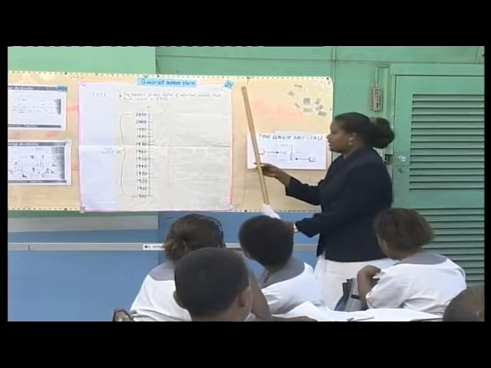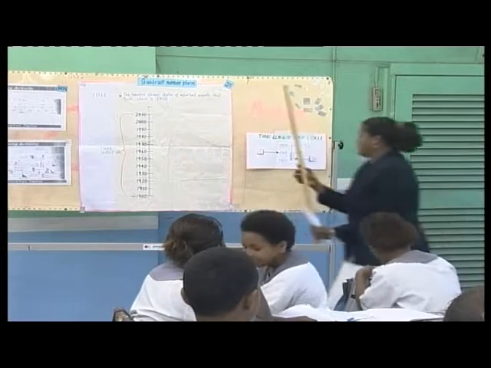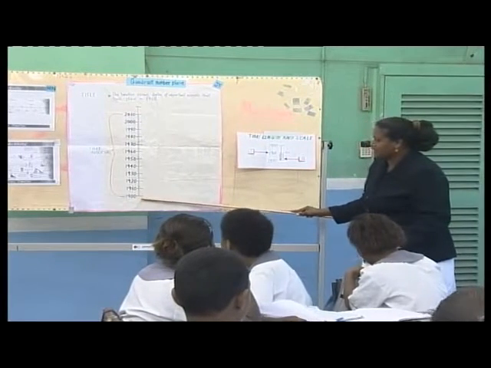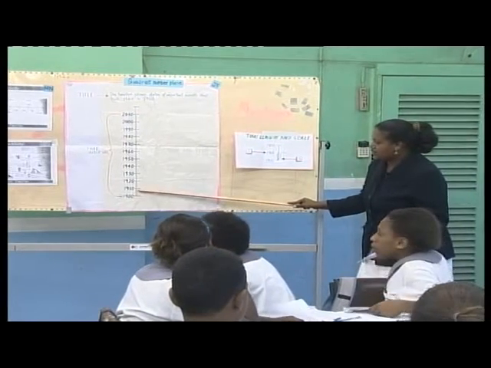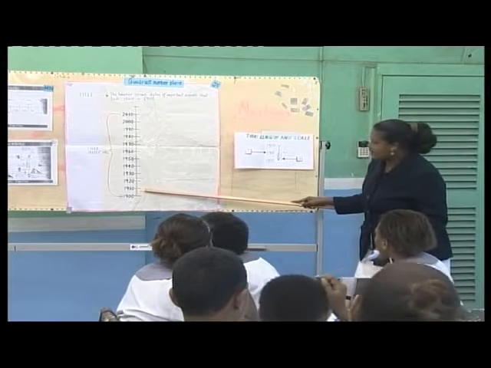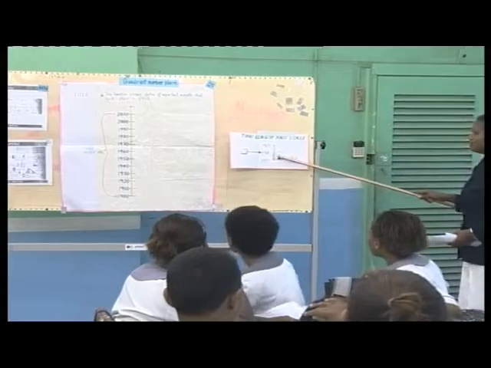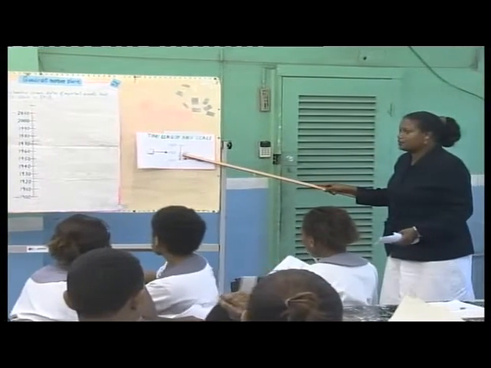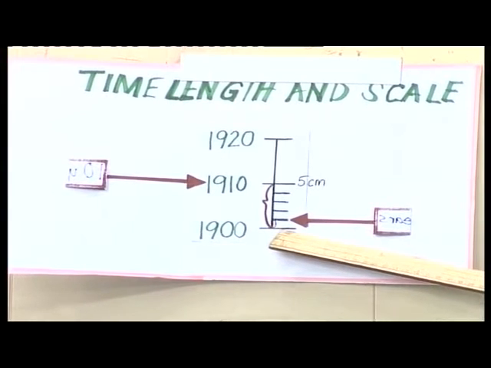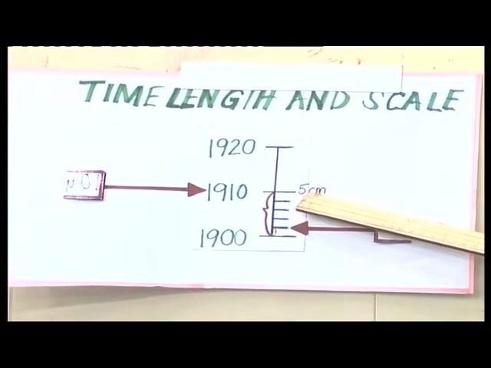Now, watching carefully, from 1900 to 1910, this is about 5 centimeters.